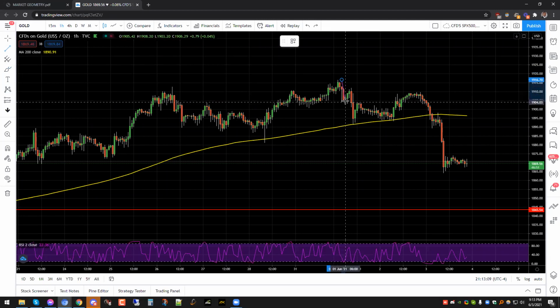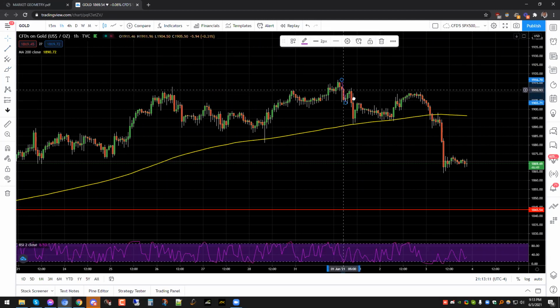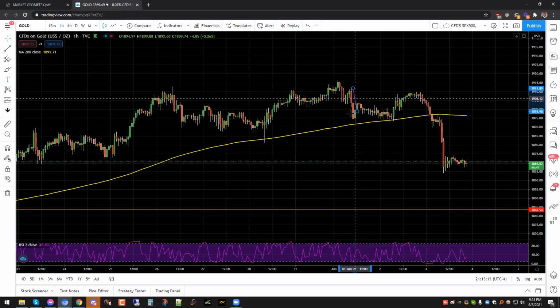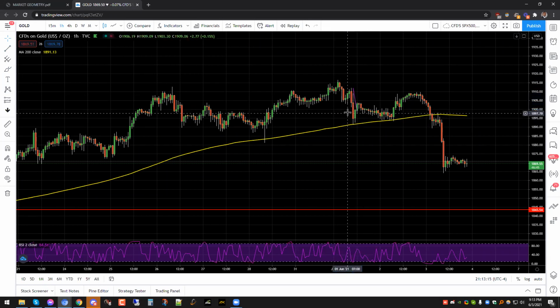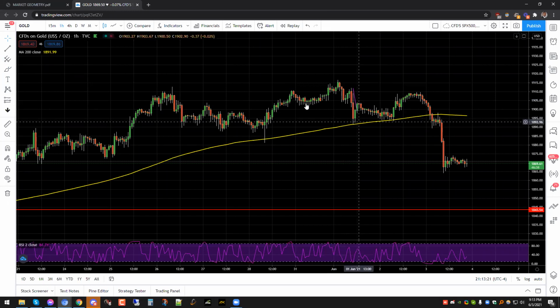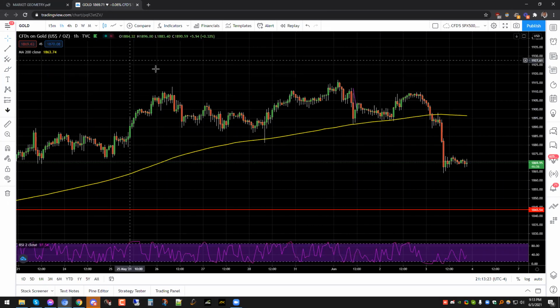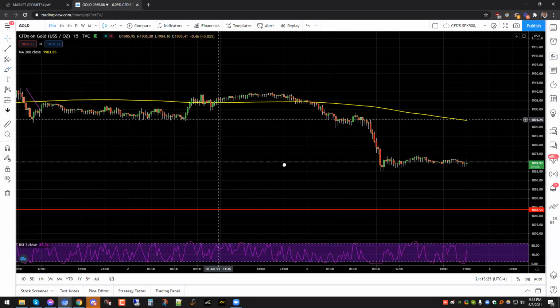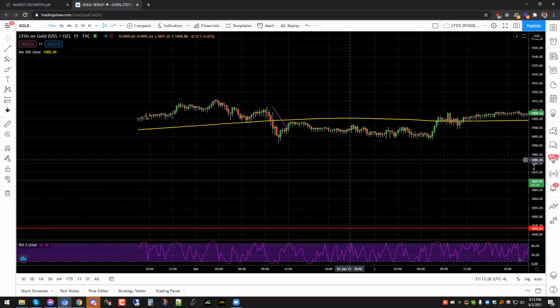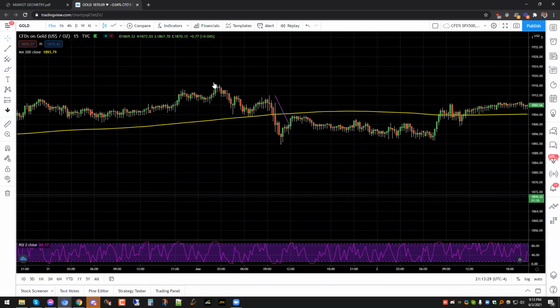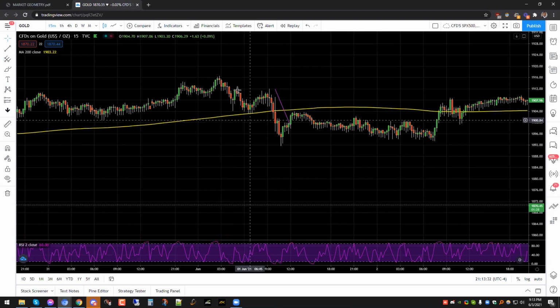wave A and wave C are not equal in length. Okay, and if you look at the way this wave is constructed, in this case, if I go to, let's say, the 15-minute time frame, let's go back a bit, you can see that this is 1, 2, 3 here.